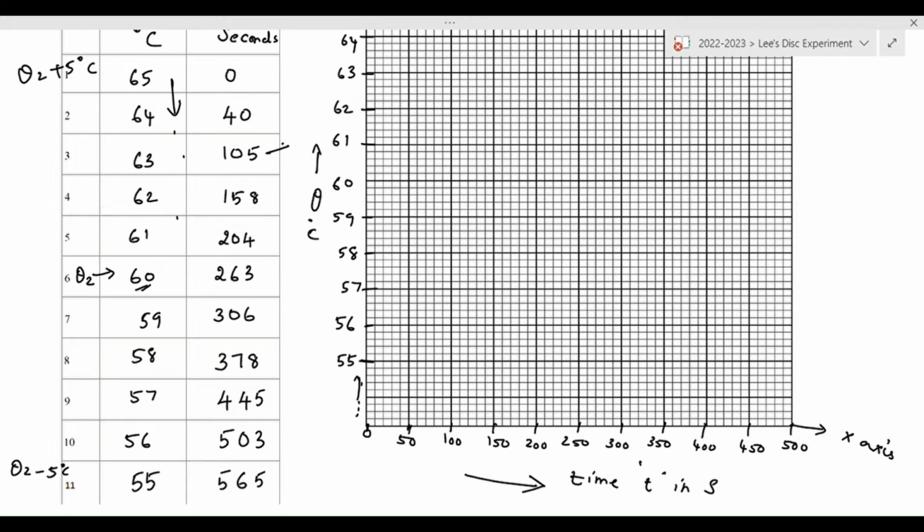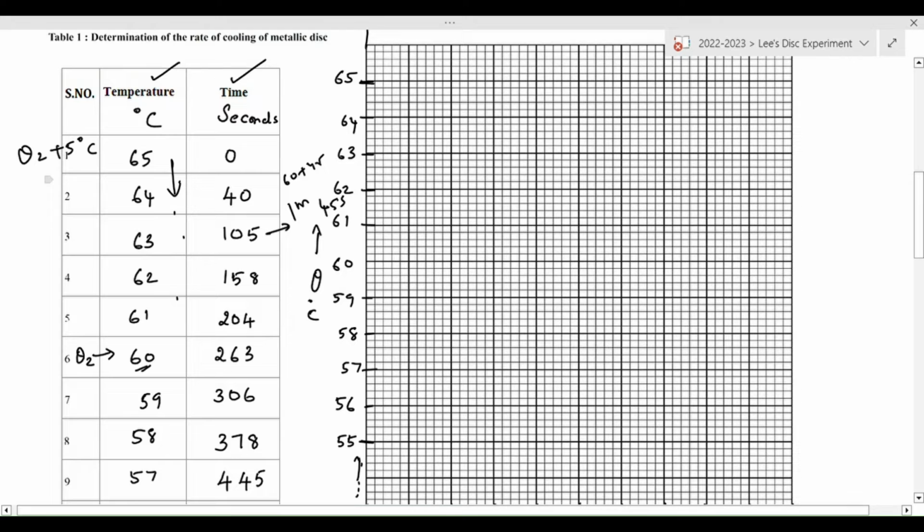For example, if it shows 1 minute and 45 seconds, we convert that fully into seconds. 1 minute is 60 seconds, plus 45, we get 105 seconds. In that way the temperature versus time in seconds is taken, and a graph sheet is plotted.